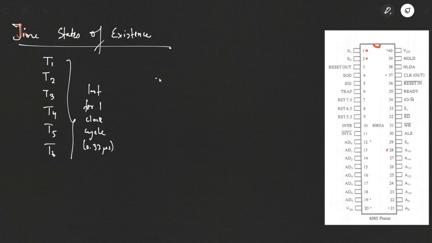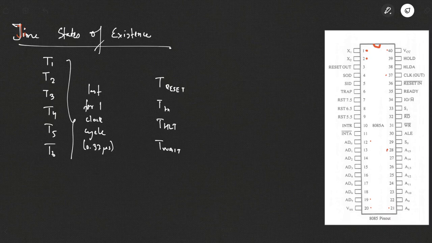Apart from this, you have other states in which the microprocessor remains: T reset, T hold, T halt, and T wait. These are the other 4 states of the microprocessor 8085.